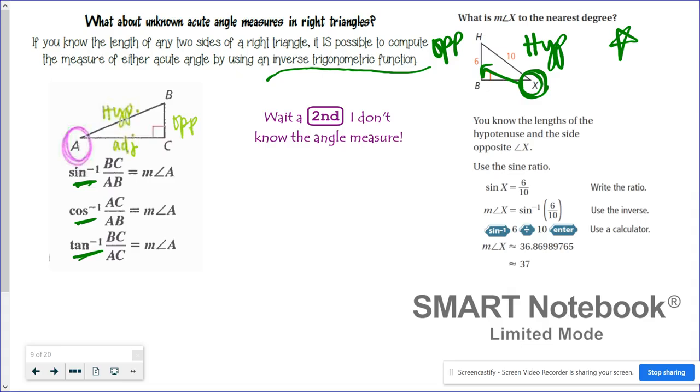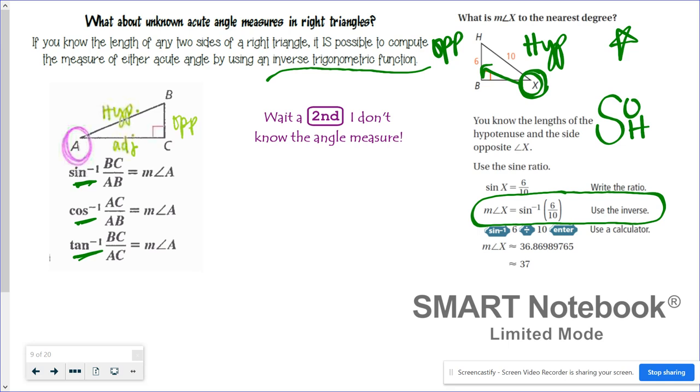So that means I should use sine, because sine is the opposite over the hypotenuse. And since I want to find an angle measure, I'm going to specifically use the inverse sine. So that's what we're seeing right here: the measure of angle x is equal to the inverse sine of 6 over 10. 6 over 10 is that opposite over hypotenuse.